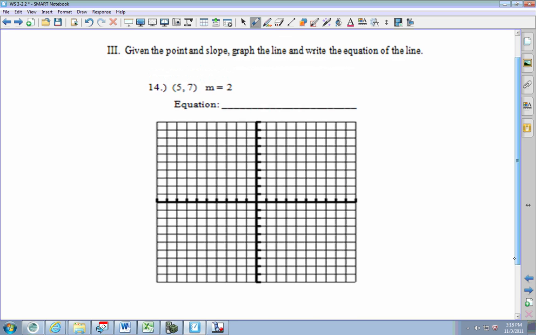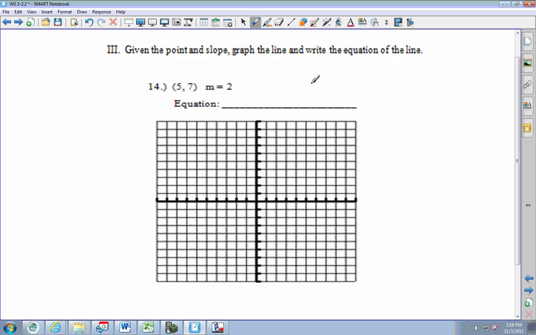All right, number 14. Given a point and a slope, graph the line and write the equation. Let's start with the point 0, 7. I think I got that right. Now, M is my slope. I already know y equals 2x. I need to find my B, my y-intercept. My slope is 2, and that's 2 over 1.